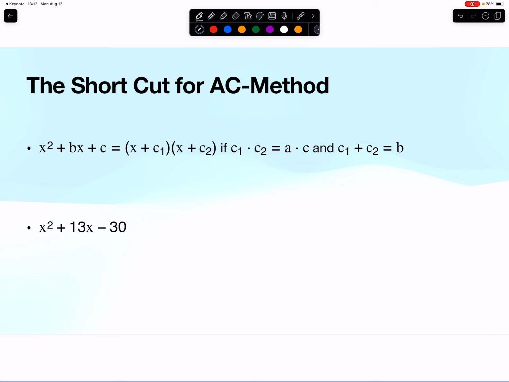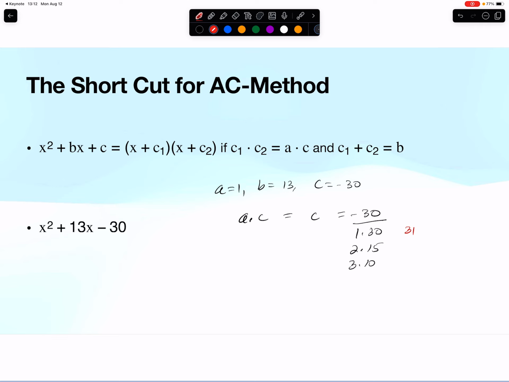Okay, so here the a is 1, the b is 13, and the c is -30. Now if I do a times c, that's really just c because a is 1, so that's equal to -30. So we're looking at 1 times 30, 2 times 15, 3 times 10, okay?